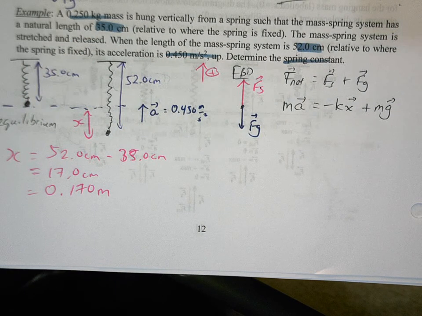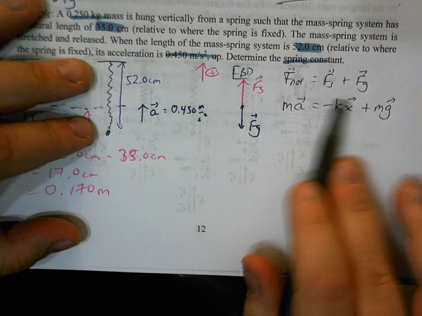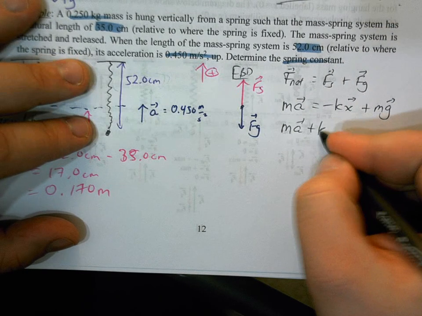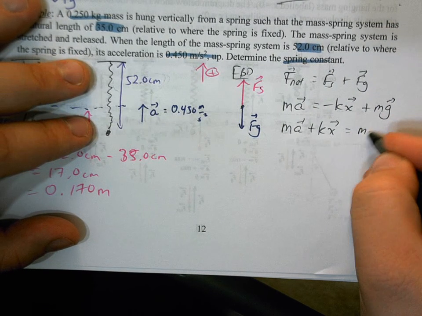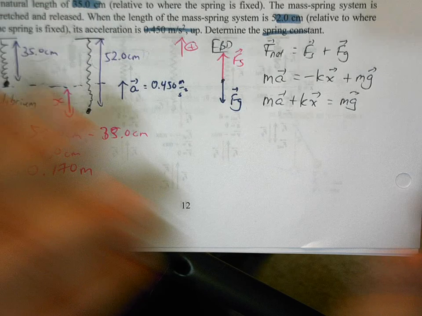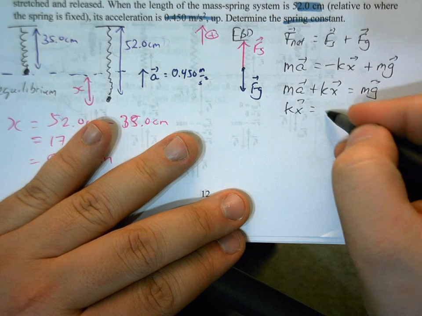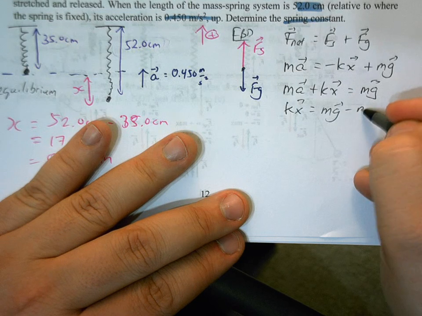My goal here is to find k, so I'm going to have to do a little bit of rearrangement. First, let's bring this to the other side, so I have ma plus kx equals mg. Then we take the ma term to the other side, so we get kx equals mg minus ma.